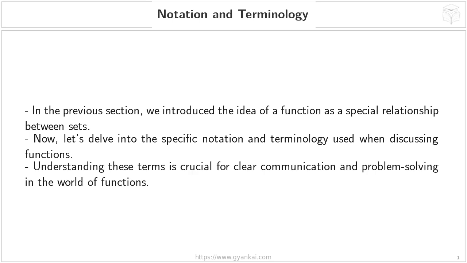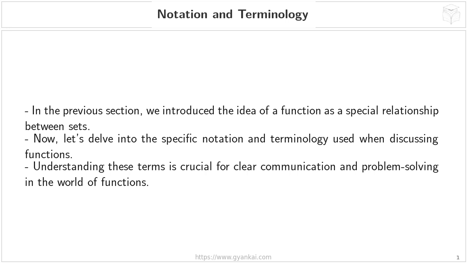This slide marks a shift from the conceptual understanding of what a function is to how we represent and discuss it mathematically. We're going to dive into the specific symbols and words that mathematicians use when working with functions. And trust me, getting comfortable with these terms isn't just about memorizing definitions. It's absolutely crucial for clear communication.